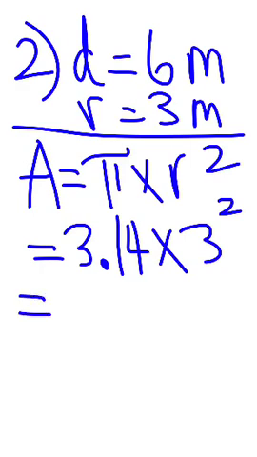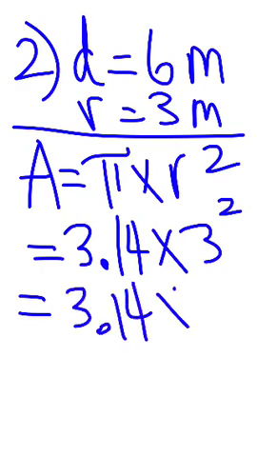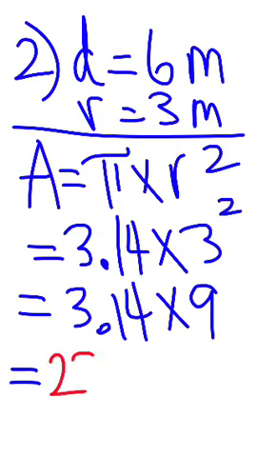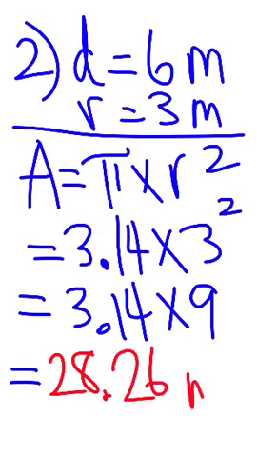Again, follow the order of operations, so you would have to square 3 first before multiplying. That will give us 3.14 times 9. When you multiply, the area is 28.26 square meters.